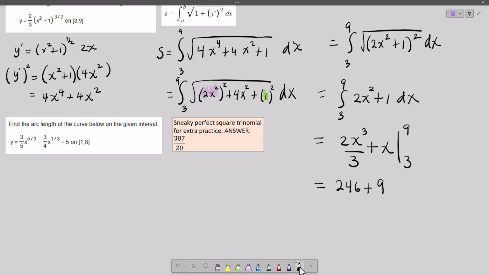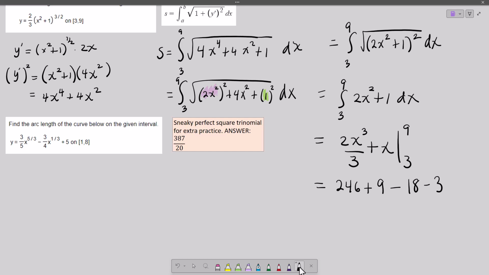Plus 9 minus, plug in the 3, and we get minus 18 minus 3. And then whatever that, yeah. Did I do it wrong? For the 2 over 3x to the power 2 cubed, when you plug in the 9, I got, actually, let me do that real quick. I got 486. I did too. 486?